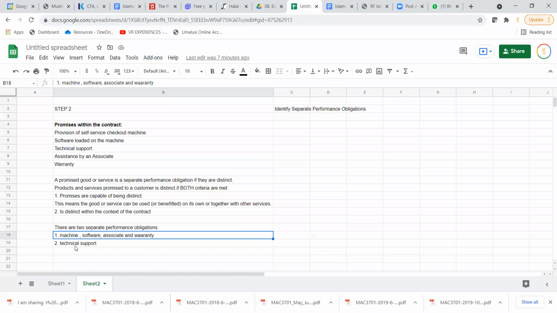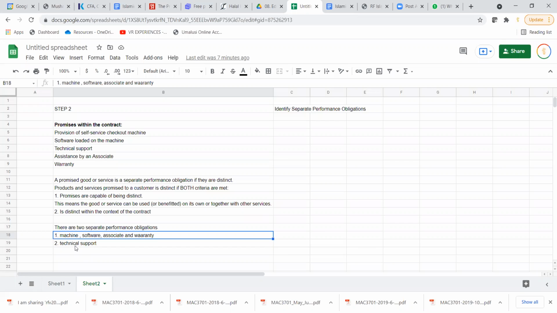The warranty is also not sold separately. The warranty is simply there to make sure the product operates as it should operate. So therefore, the warranty is also not capable of being distinct. So the associate and the warranty did not meet criteria number 1.